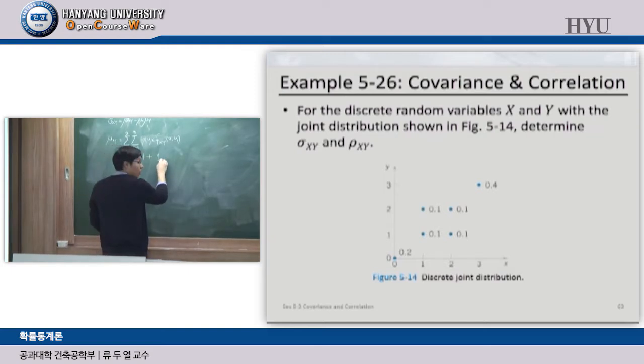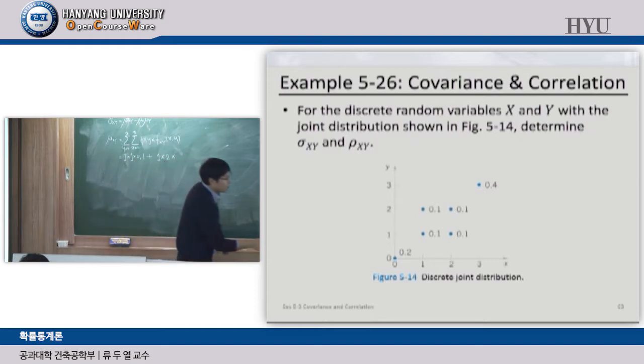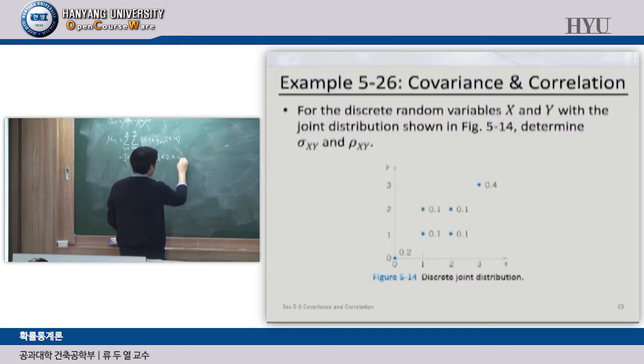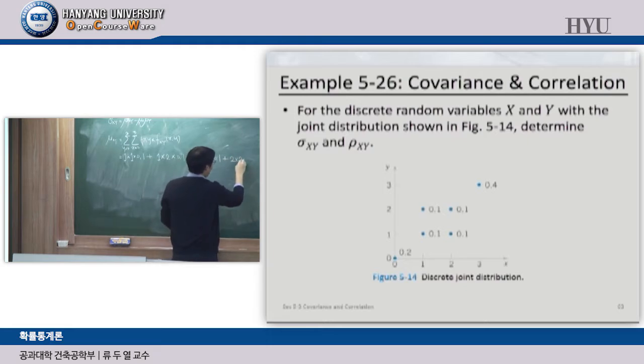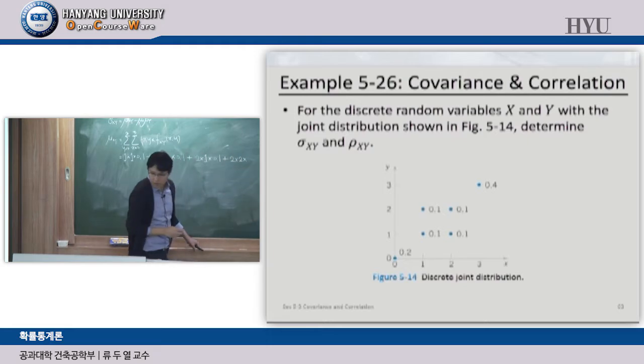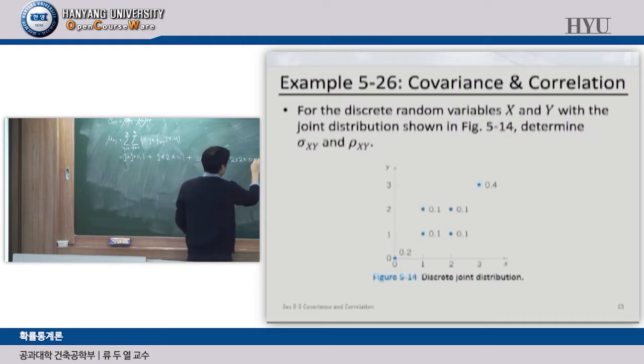Plus, when x is equal to 1 and y is equal to 2, the probability is 0.1. Plus, when x is equal to 2 and y is equal to 1, the probability is 0.1. And when x is equal to 2 and y is equal to 2, the probability is 0.1.